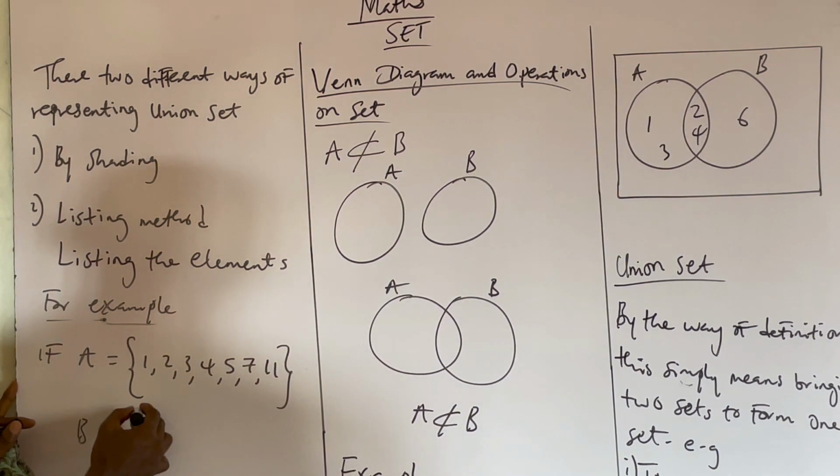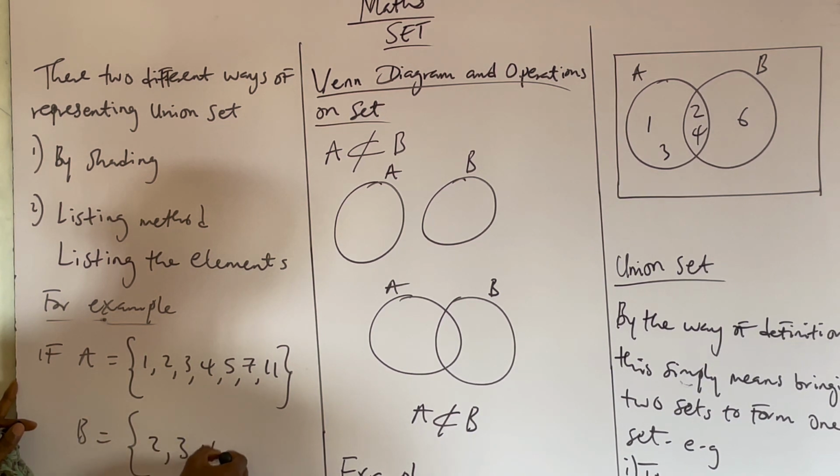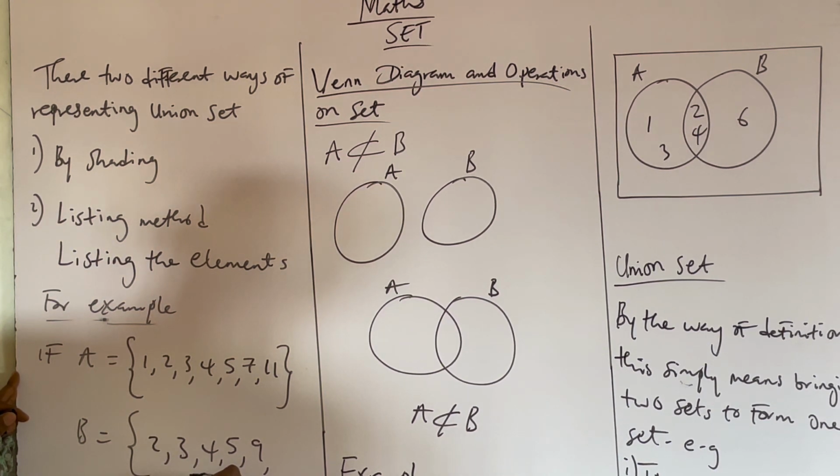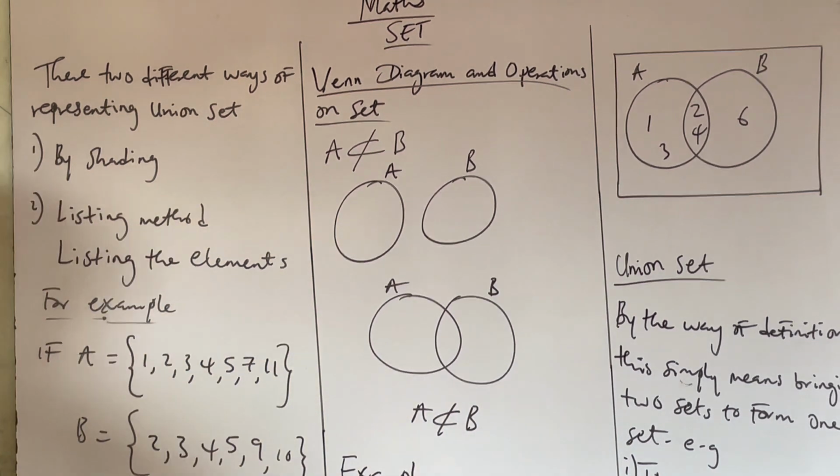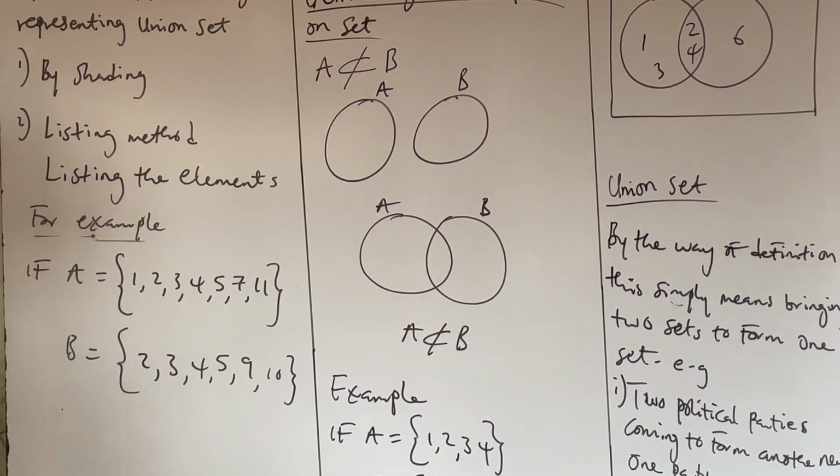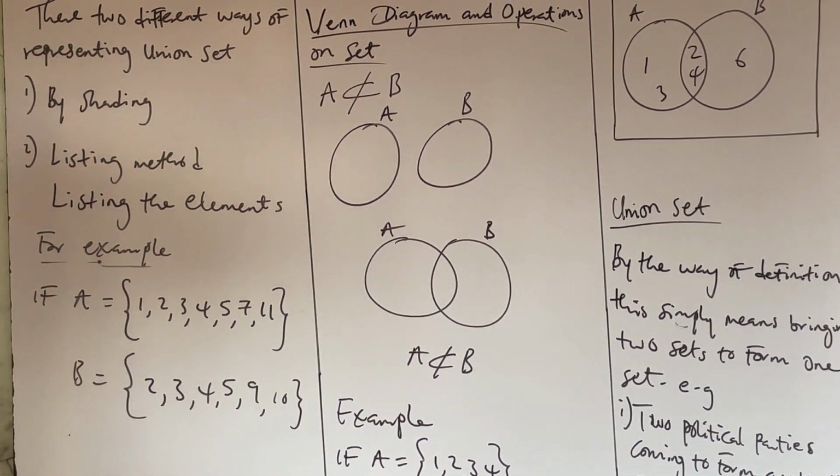And now B is equal to, let me say, 2, 3, 4, 5, 9, any number of your choice, 2, 3, 4, 5, 9, let me say 10. Do you get? Now, if we are to solve this by union, we said by listing method or by shading. Did you get now?